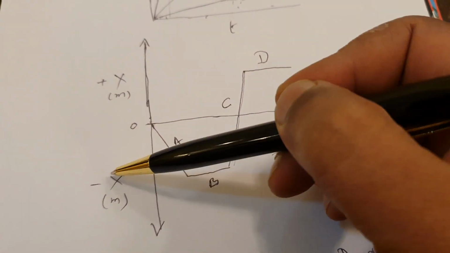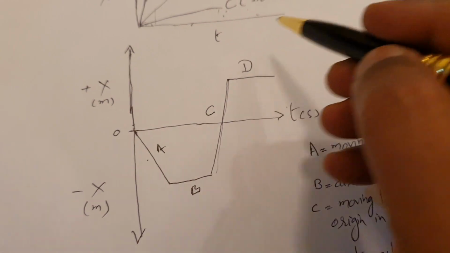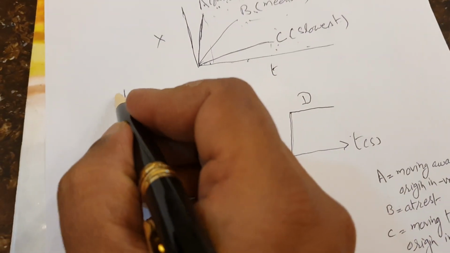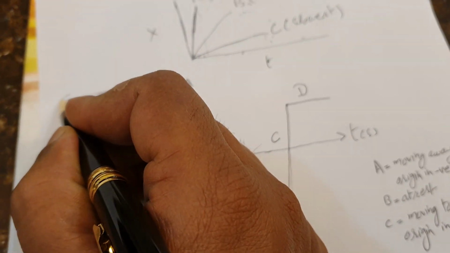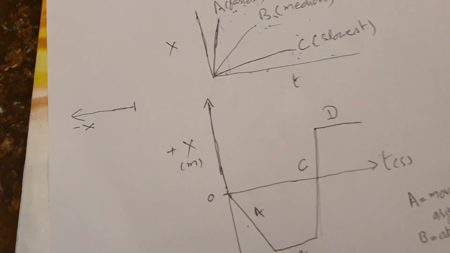Therefore, negative displacement means that object is moving towards the left hand side. So imagine that if this is the origin, then object is moving towards negative x-axis. Yeah, this is negative x-axis.